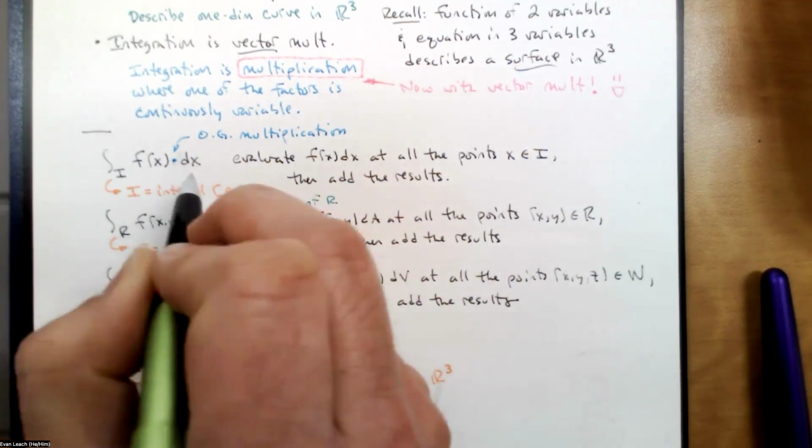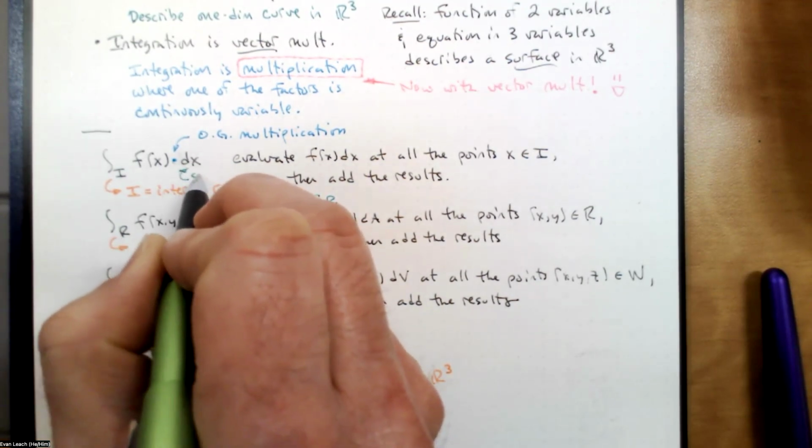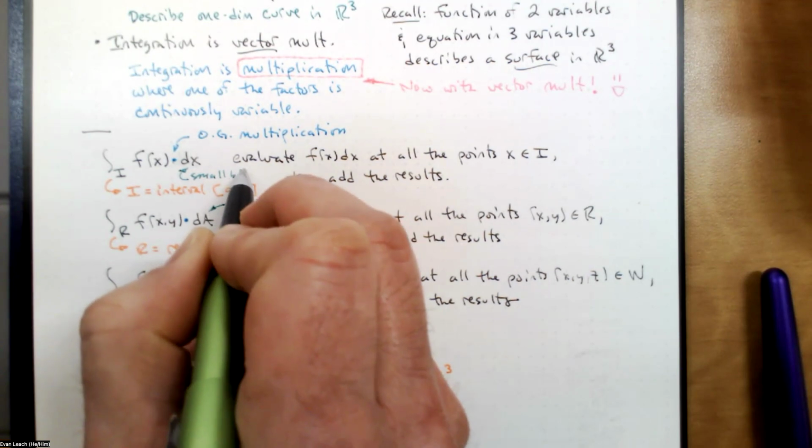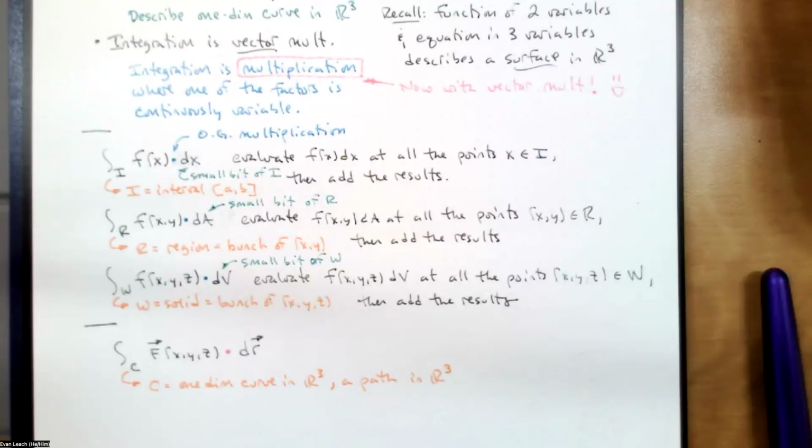Just like dx is some small bit of the interval. In the same way, this dr is going to be some small bit of the curve C or the path C.